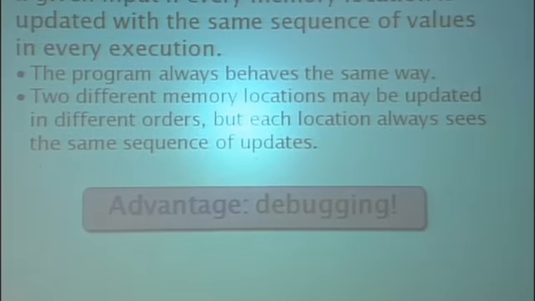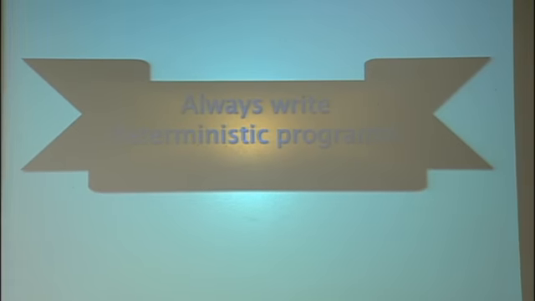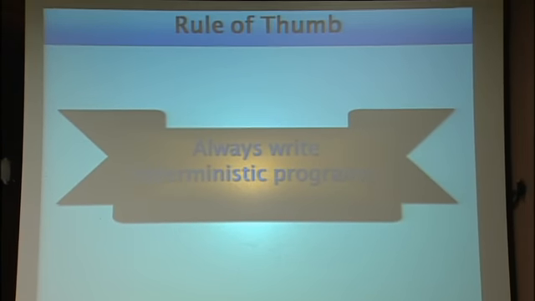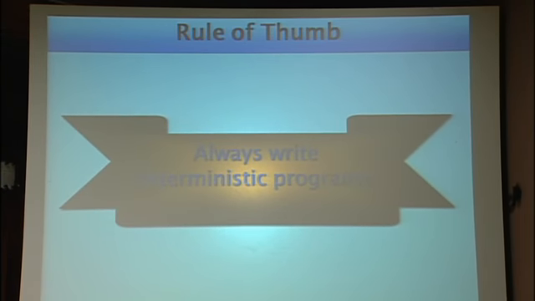So that leads to our first major rule of thumb about determinism, which is you should always write deterministic programs. Don't write non-deterministic programs. The only problem is, boy, is that poor quality there.